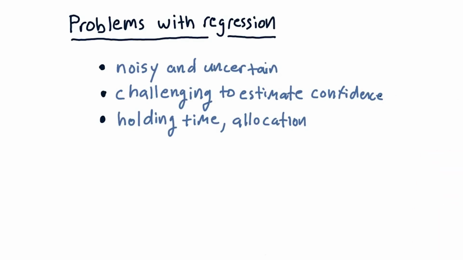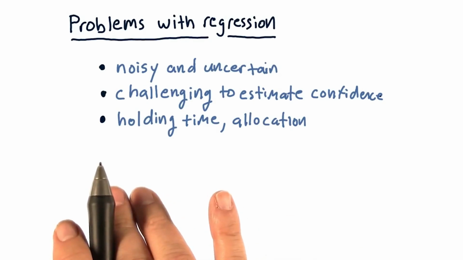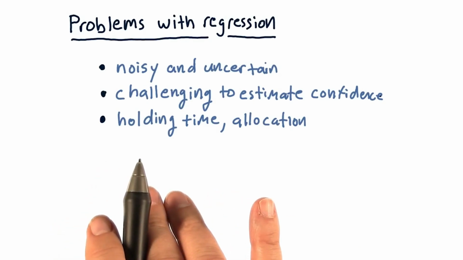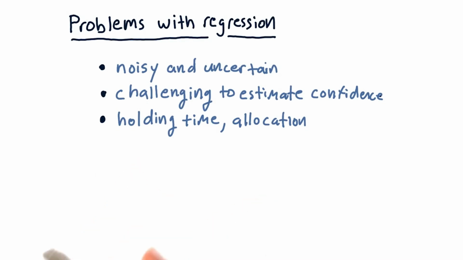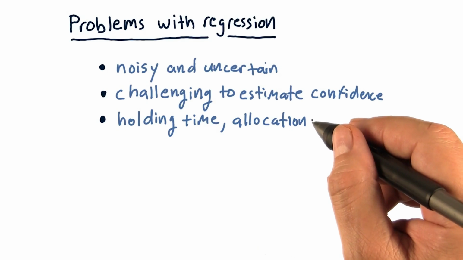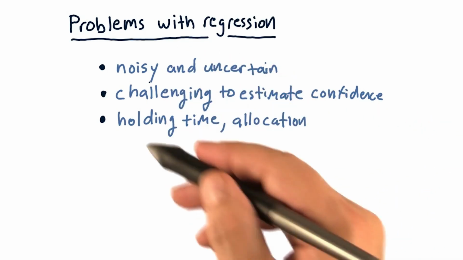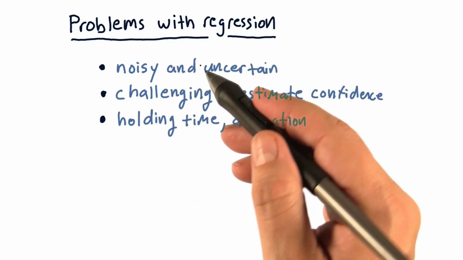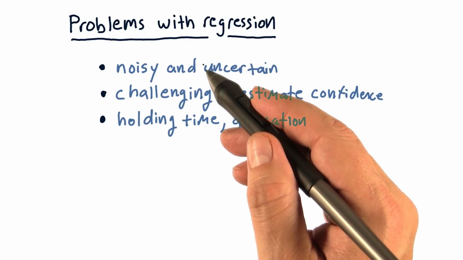It would be nice if you could know, because that would enable you to essentially bet less on forecasts that are less certain. Additionally, it's not clear how long you should hold a position that might have arisen from a forecast and how you should allocate to that position. These are all challenges using regression-based forecasting.